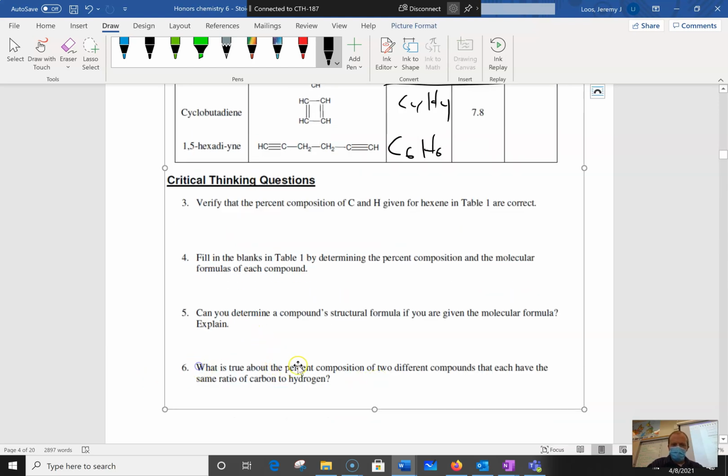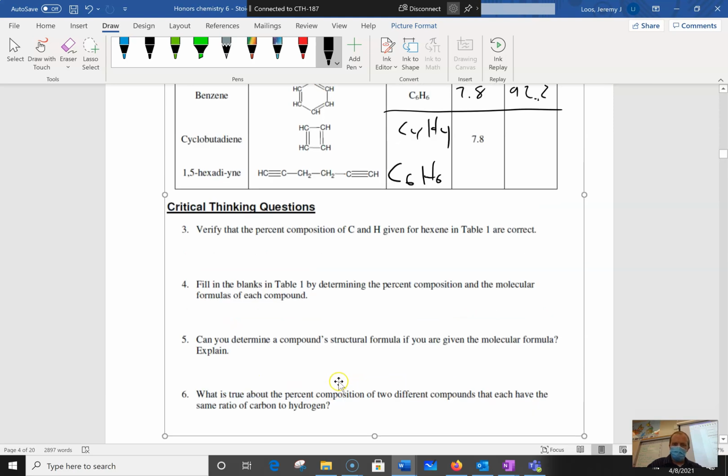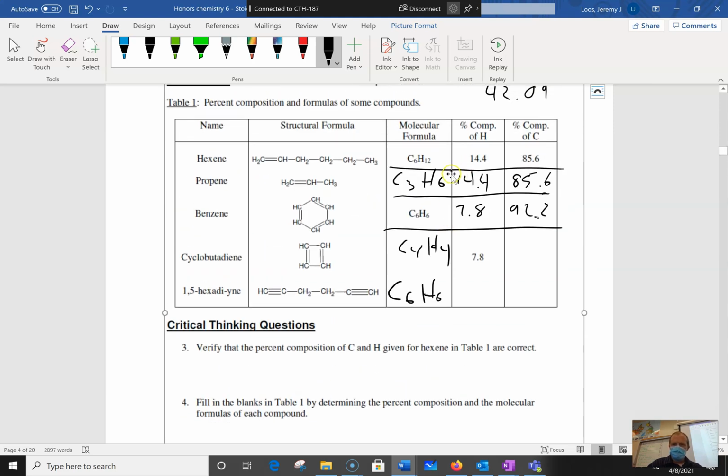What is true about the percent composition of 2 different compounds that have the same ratio of carbon to hydrogen? Yes, notice that they're the same. Notice that these have the same empirical formula. The empirical formula for both of these would be CH2. Both of them have twice as many hydrogens as carbons.